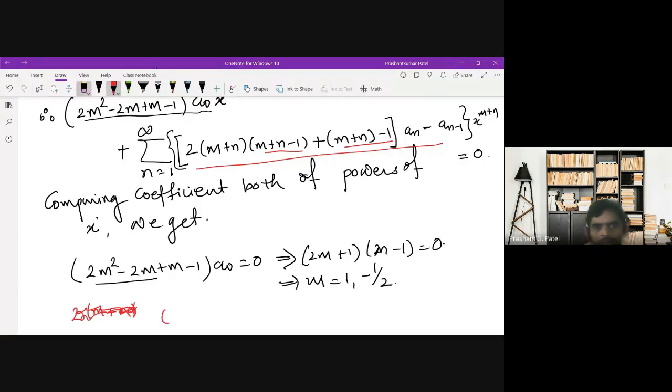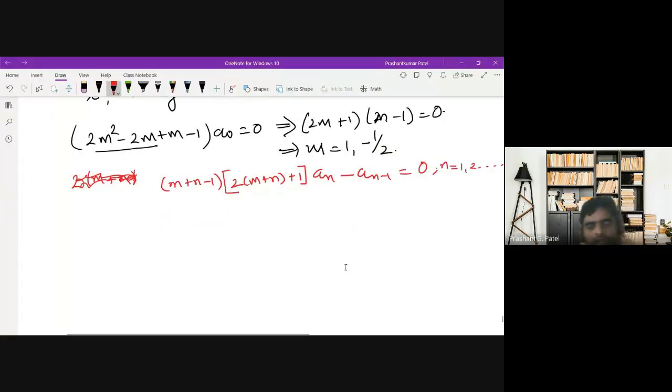We'll have m plus n minus 1 inside the bracket. This will be 2 into m plus n plus 1 into a n minus 1 equal to 0. That is the other recurrence relation we got. And this recurrence relation is true for n equal to 1, 2 and so on, because the summation starts with 1.